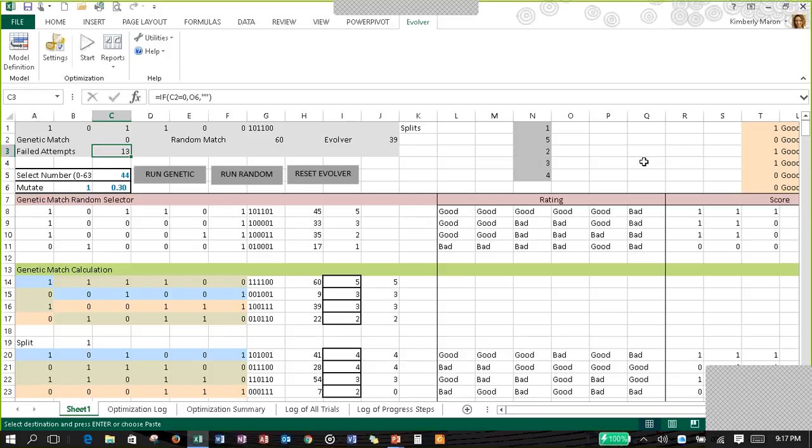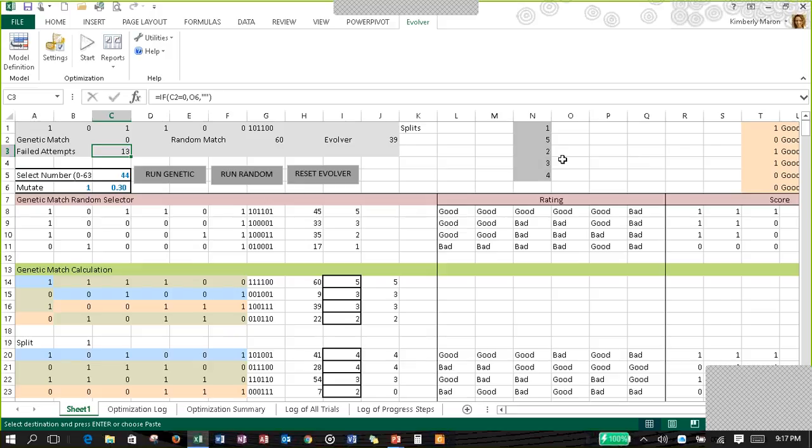Now, as you scan down through the spreadsheet, you'll notice that there are tons and tons of rows and tons of guesses, but this says we only had 13 failed attempts. That's because as you cross and split, you'll start getting duplicate guesses. So we have 13 unique guesses amongst all these hundreds of guesses that we've taken.